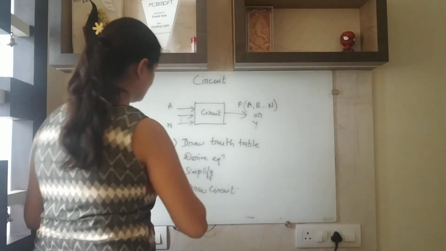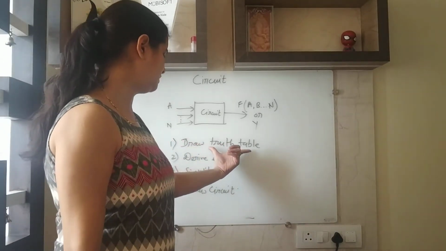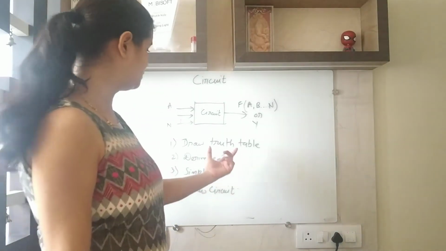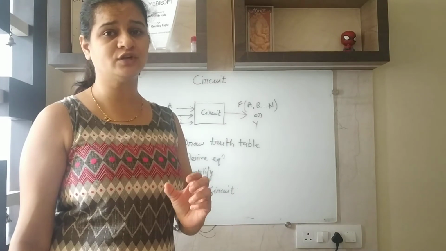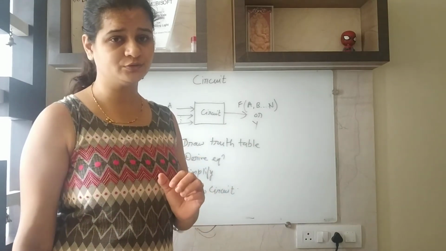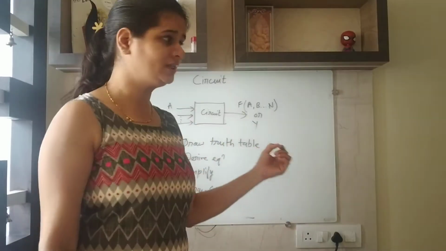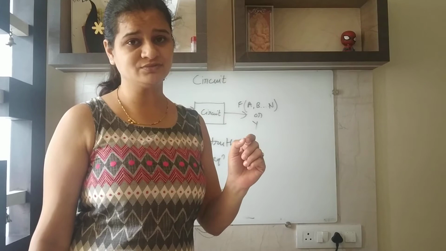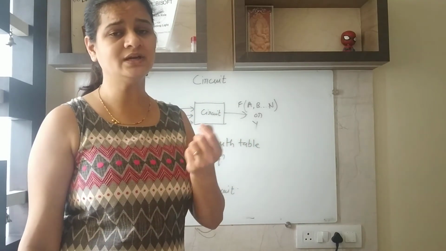So here I will explain in short what this means. In the first step we have to draw the truth table. A truth table consists of a number of inputs and a number of outputs, right? For drawing the truth table, we have to read the problem statement carefully and decide what may be the inputs and what may be the outputs.